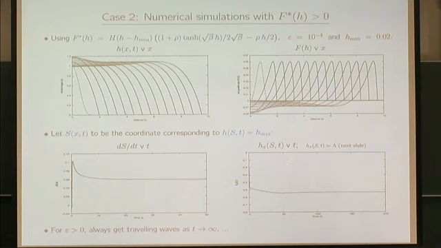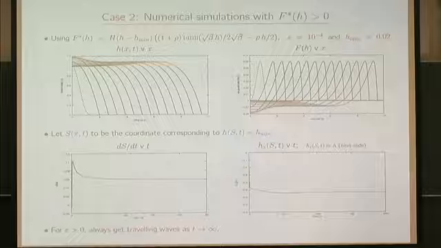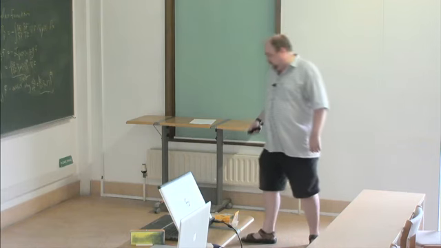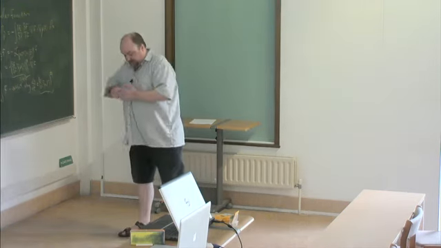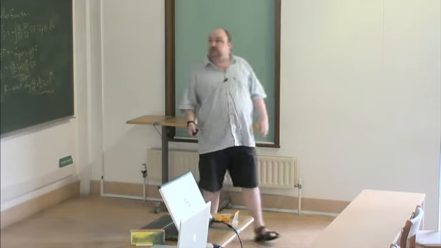And the contact angle, h of x, goes to a steady state, and that's quite important in the analysis. Which, okay, is interesting mathematically, but slightly disappointing as a modeler. So we've got constant solutions expanding at a constant speed.